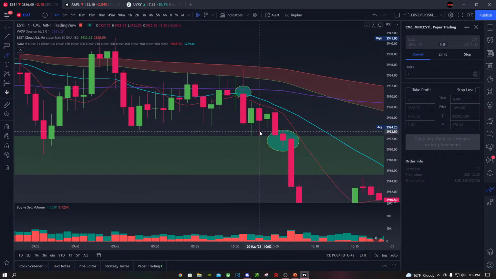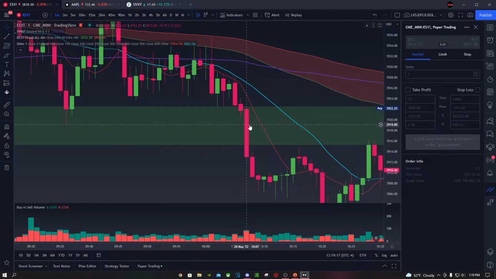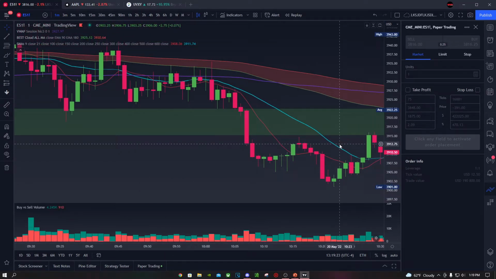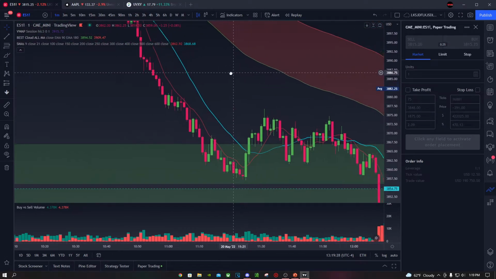We bounce a little bit right here, and then we fall through the demand zone, because there's just tons of sellers in the market right now, and there's not as many passive buying orders ready at this demand zone.